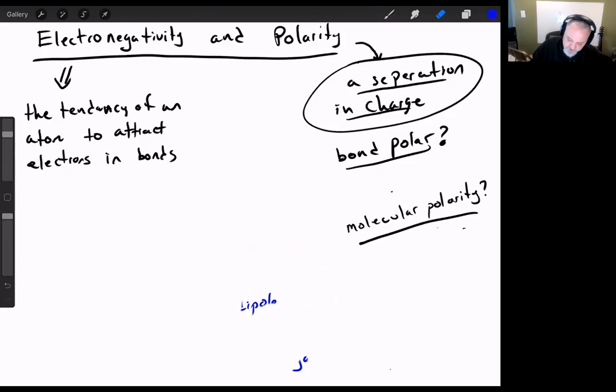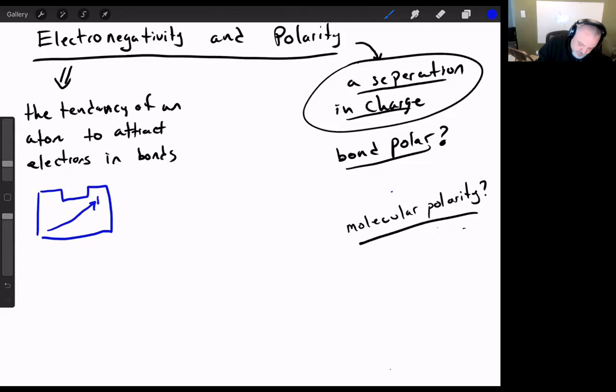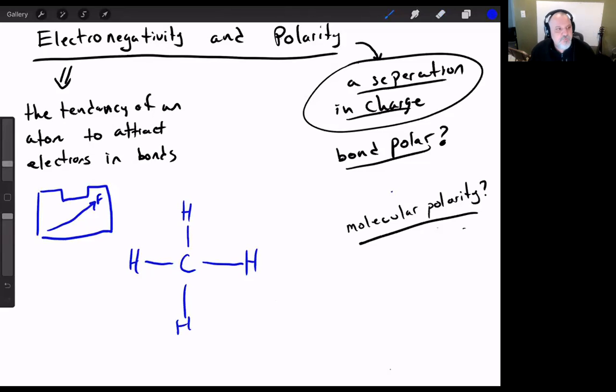I'm going to redraw that, just making it a little bit smaller. Okay. What about this? Are the bonds polar? Why not?